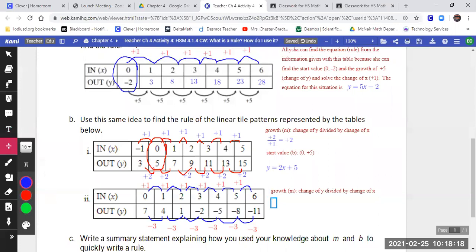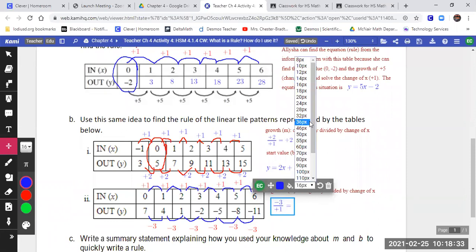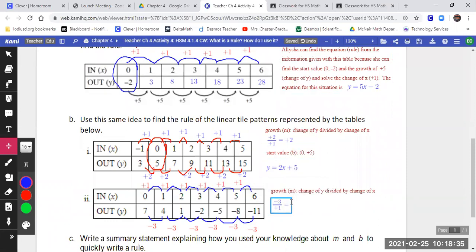And it was a -3 for Y divided by a +1 for X. What value is that when we end up doing the math for it? If I do a -3 divided by a +1, what do I get?